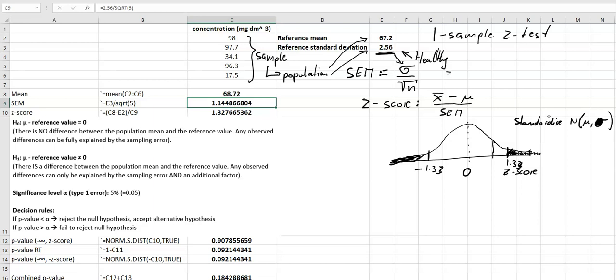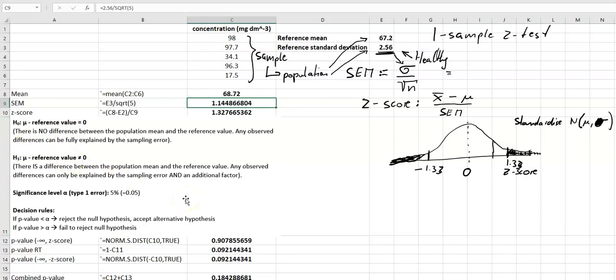The alternative hypothesis is that the population mean from which we have sampled is different from this reference value. So these are the null and the alternative hypothesis.